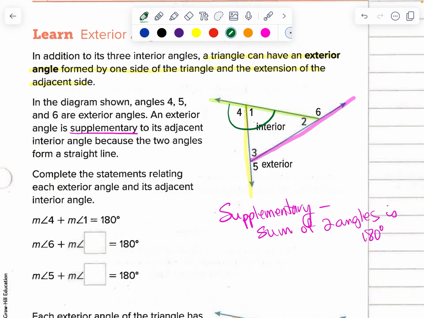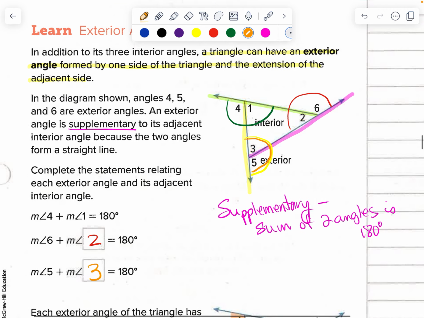These two angles added together are going to get 180. Then these two angles added together are going to get 180. And then these two angles, let's do a different color, orange. How about these two? 3 and 5 would be 180 degrees. Okay?